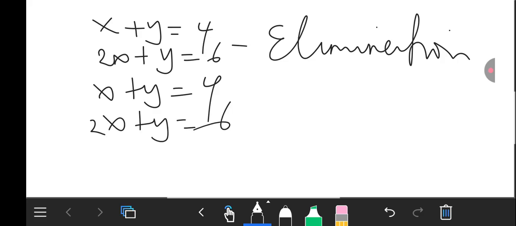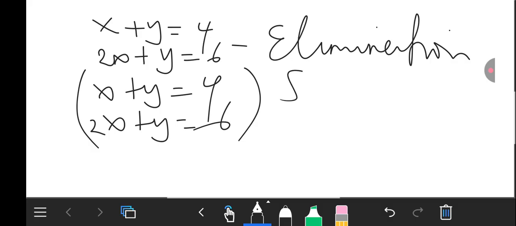Have you seen that there is y there, there is y, and these are equal. If they are not equal, like where there is x and 2x, you need to multiply the equation on top by what is at the bottom, the entire equation. We'll do a question on that, don't worry. So let's focus on elimination.